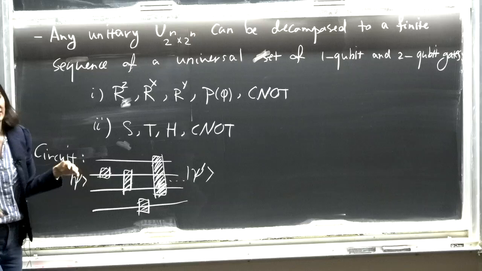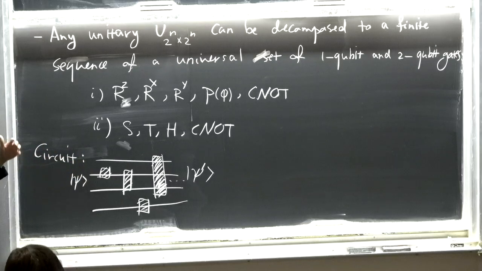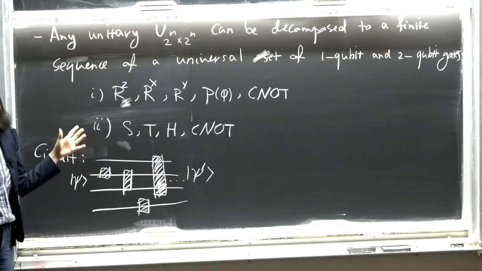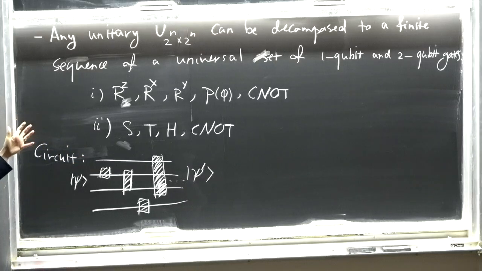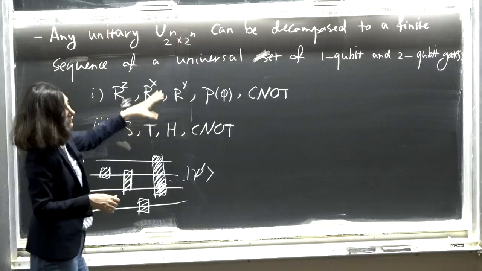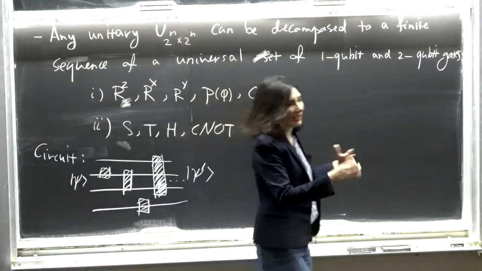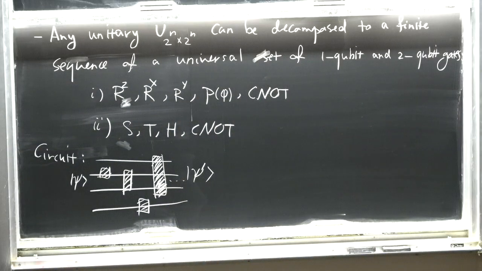Because those are sort of the primary operations that your device is set to do. Sometimes your device can do 3-qubit operations naturally, then you would take advantage of that. But in this case, usually in a more standard sense, we talk about single and 2-qubit gates only. Yes? These are the only 2 universal gates? No, there are more sets, but these are the more common ones. Okay?